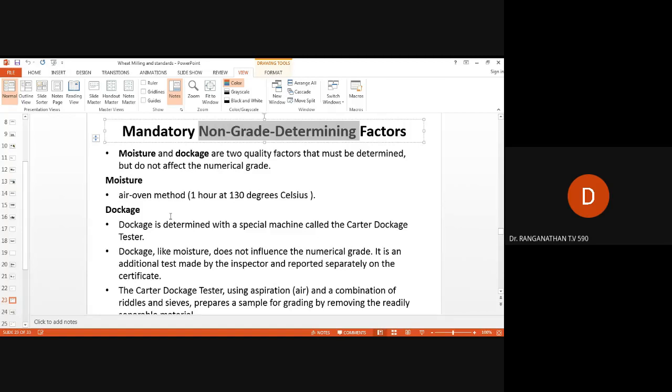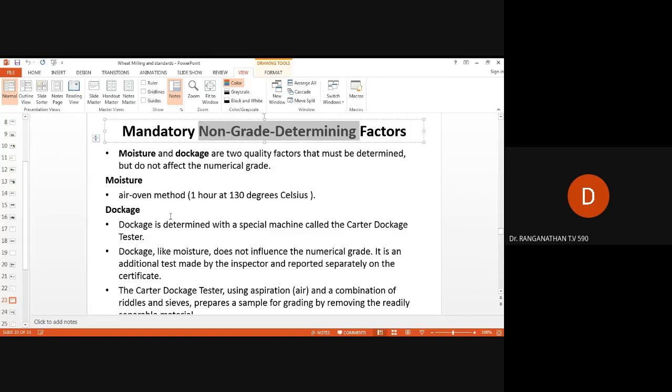So normally around 12% moisture, or 12 to 14, if I'm right, is taken as a standard, because if it is more than that, it is a loss for the buyer, because he is getting fewer kernels and it is just like adulteration with water. If it is less than 10, then also there is a problem, because the buyer will be getting more profit. So that is the thing.